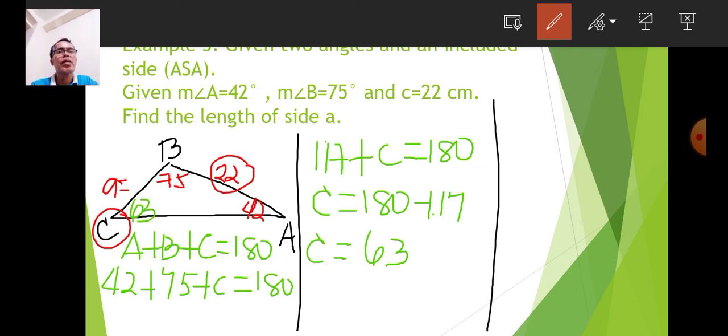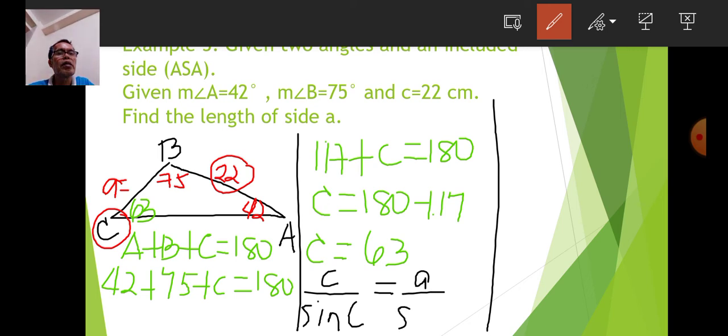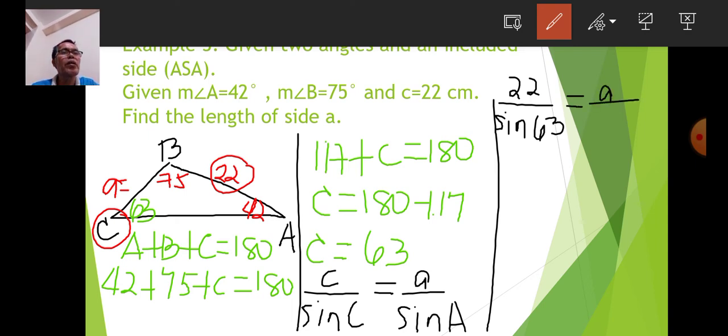We can now use the formula, so we have c over sine C must be equal to a over sine A. Substituting the corresponding values, c is 22 over sine of angle C, which is 63, must be equal to a over sine of angle A, which is 42.